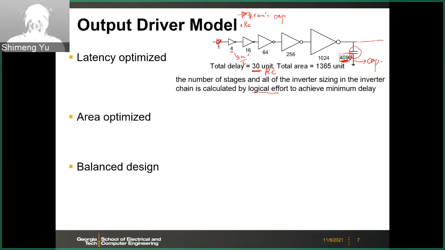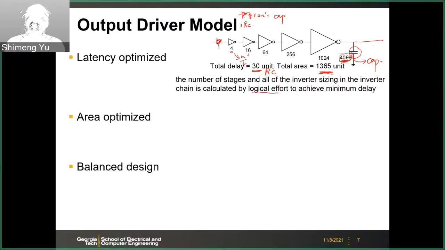And if you add those areas up, then you may spend a lot of unit area. Equivalently, you need 1,365 unit area of the CMOS inverter. So this is, of course, very large area, but you achieve very small delay.